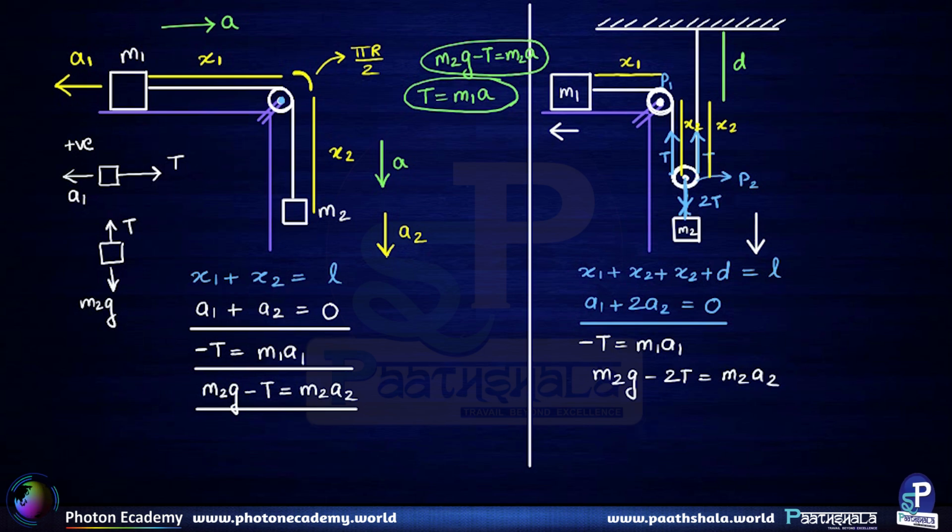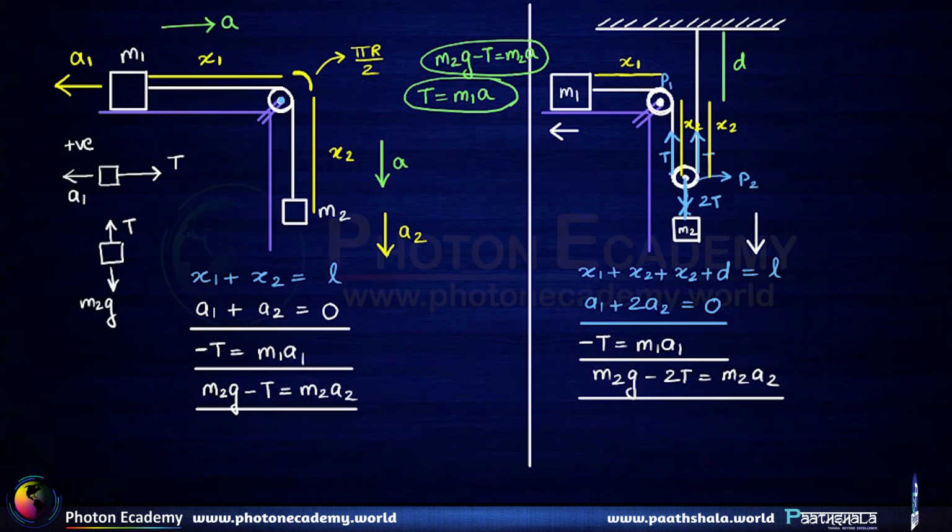So we are not going to bother to solve the equations because that involves just plain mathematics. This is where the physics ends. So these are the three equations which will give us the answer for this particular situation.